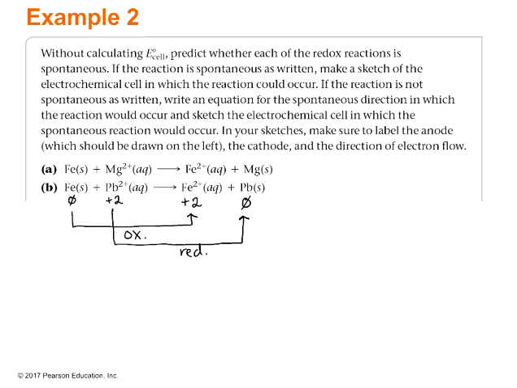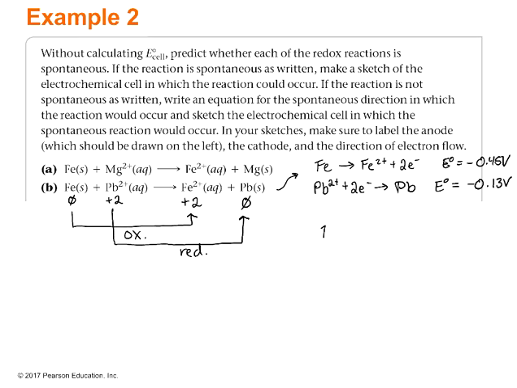Now, if we look up the potential values, I'm just going to write the half reactions over here. For iron, we already said that the E potential value is negative 0.45 volts. And for lead, its potential is negative 0.13 volts.